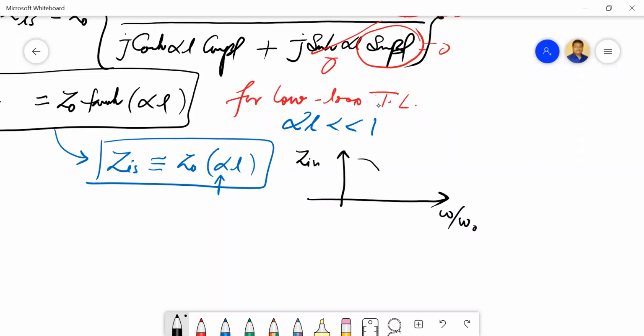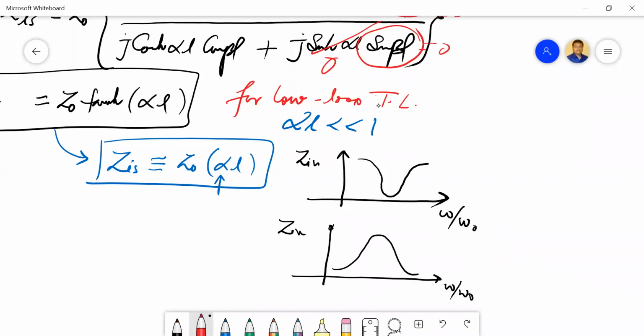I'm drawing the two curves actually, one and another one. This one corresponds to the series resonance, and this is for the parallel resonance.